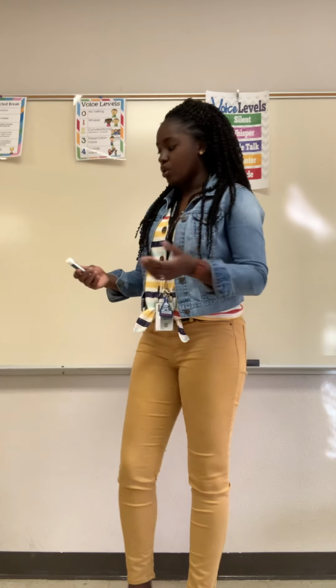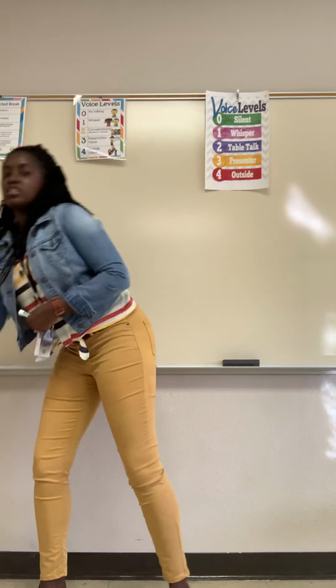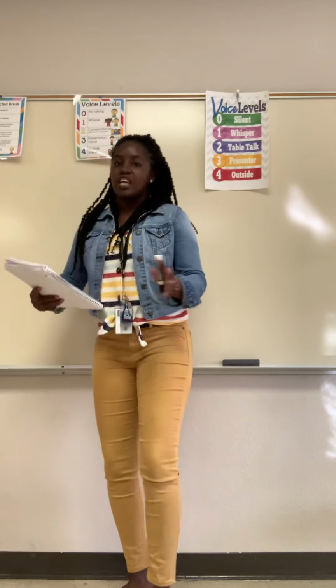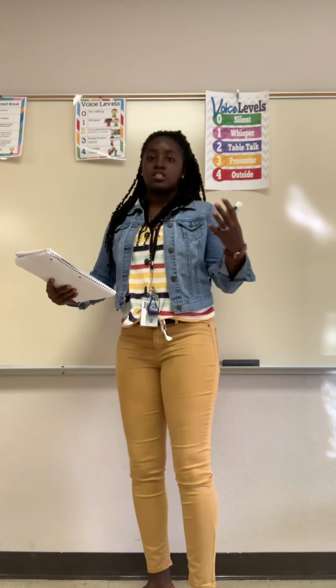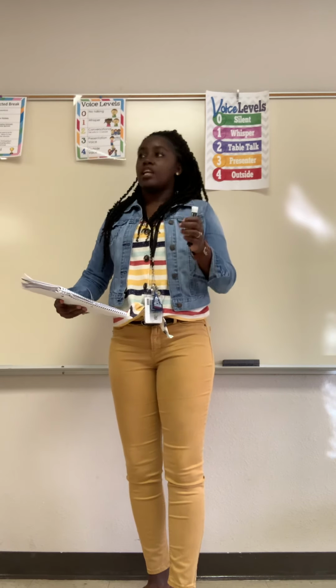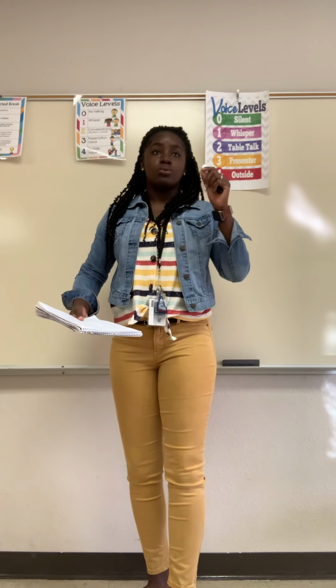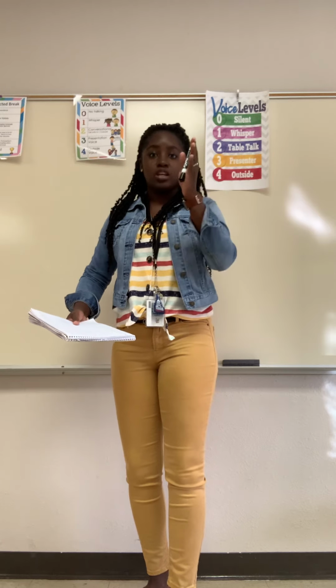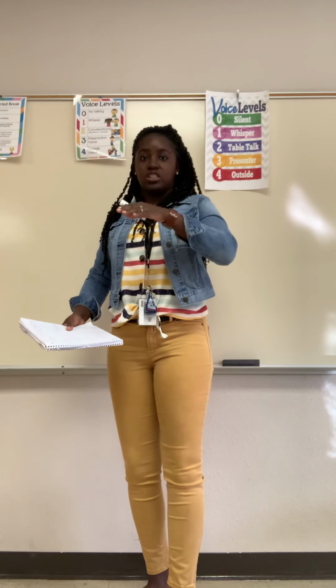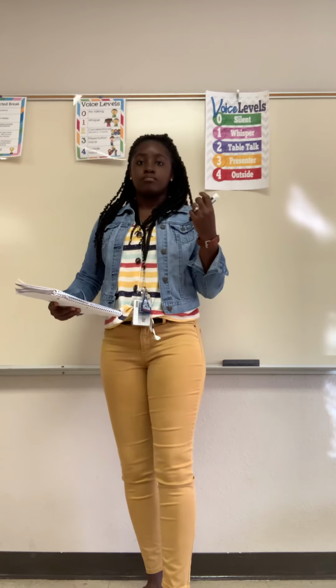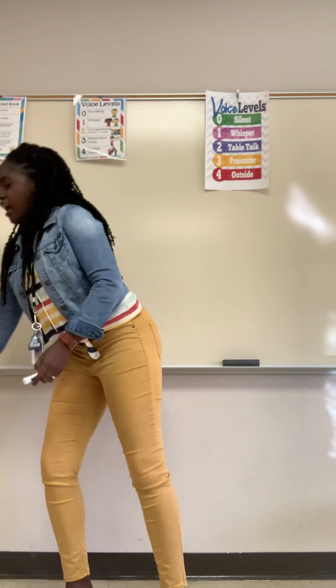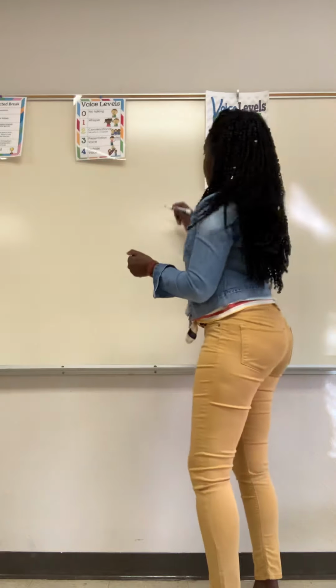So when we're going over partitioning, it is breaking it into parts. It's making a circle into different parts, different sections. So let's just say we're gonna partition a circle.